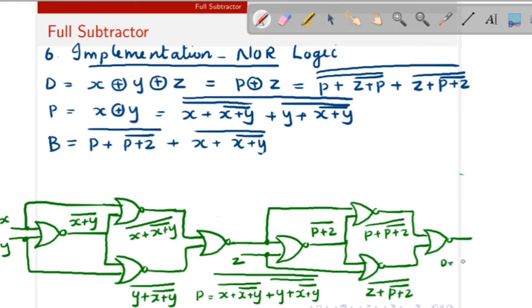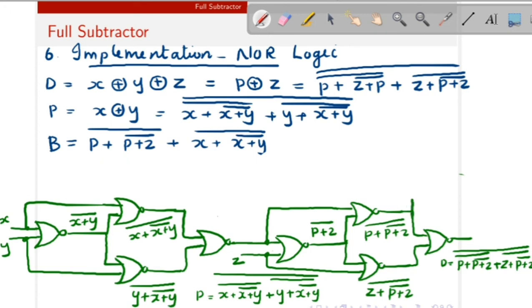Difference is equal to p plus z bar whole bar plus z plus p plus z bar whole bar. That is the difference. Next we have to find the borrow. So borrow is equal to p plus z bar whole bar. So here we have p plus z bar whole bar.